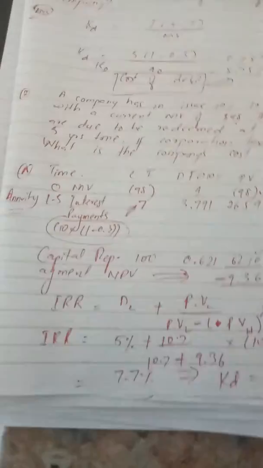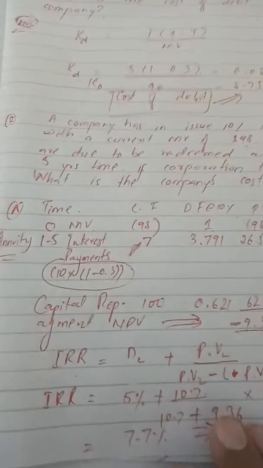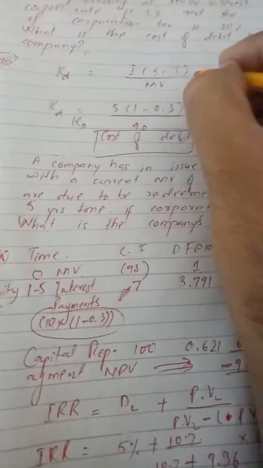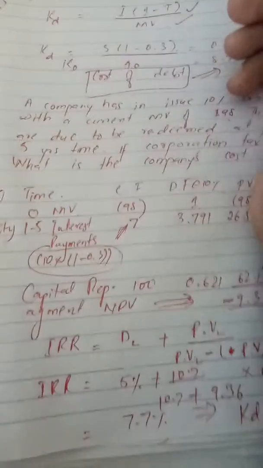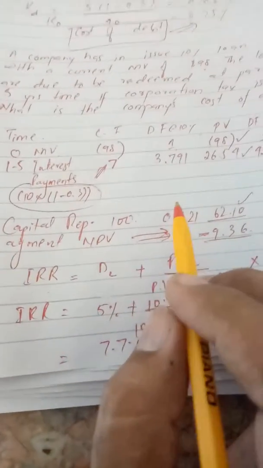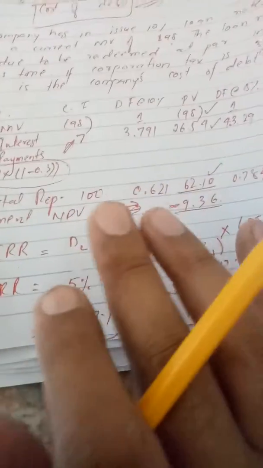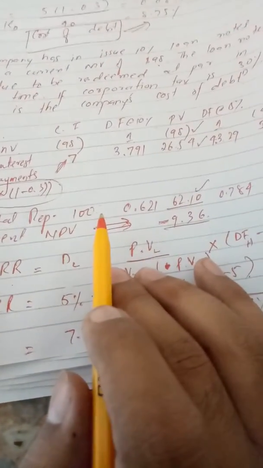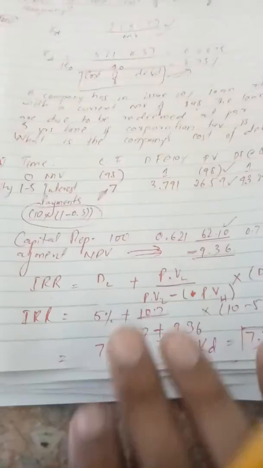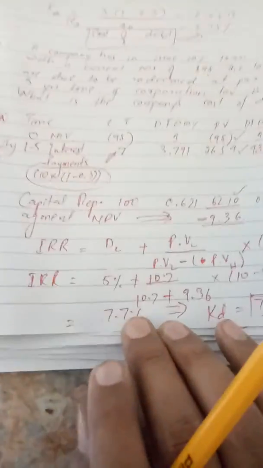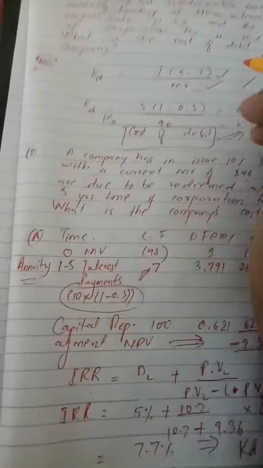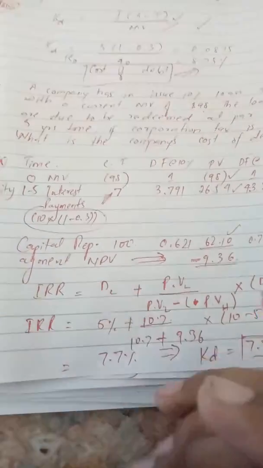This is one of the simple techniques to find the cost of debt by incorporating the corporation tax and the market values, and you can also find it with the help of the internal rate of return, incorporating the annuity. You can follow this format and get the maximum examination marks as well. So this is how you calculate the cost of debt with the two different methods.